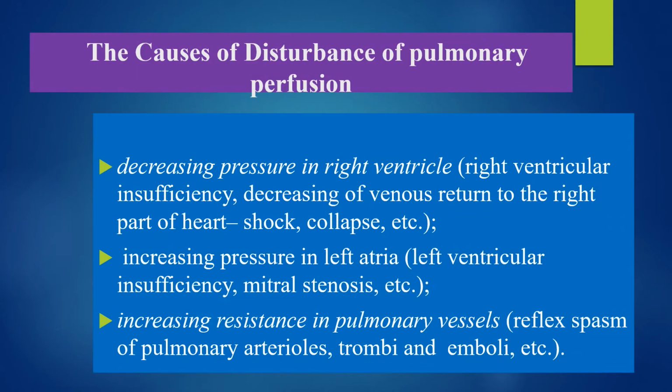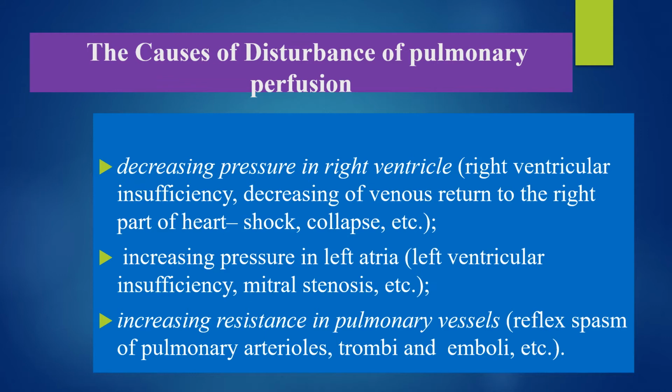Lung perfusion may be impaired for three reasons. The first is decreased pressure in the right ventricle: right ventricle failure, decreased venous blood flow to the right side of the heart during shock, collapse, and etc. The second is increased pressure in the left atrium: left ventricle failure, mitral stenosis, for example.